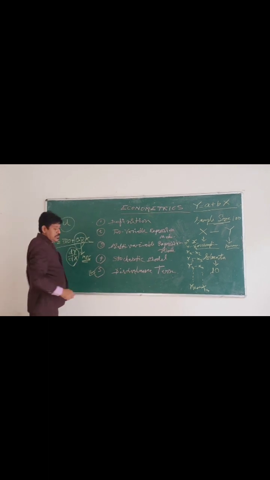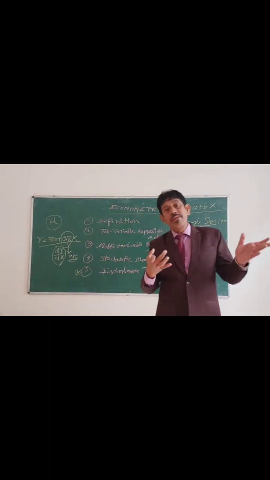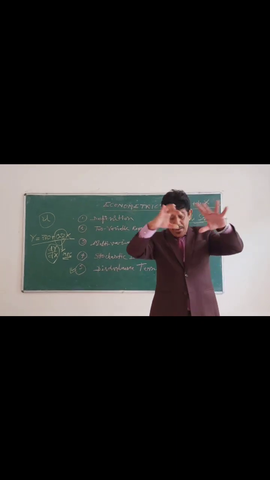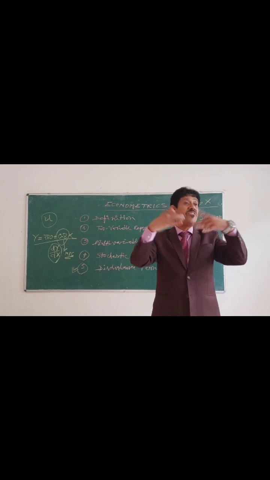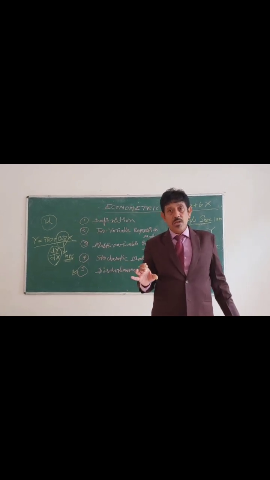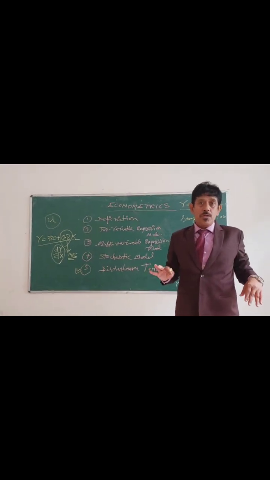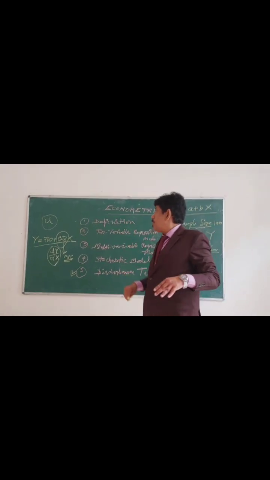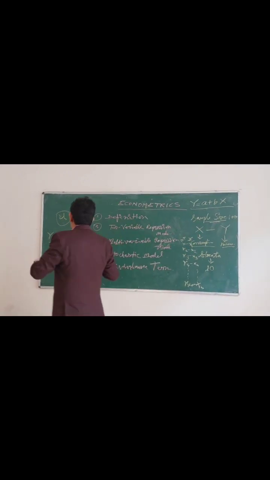We are now slowly entering the actual periphery of econometrics. Once we introduce the disturbance term U, then the two variable regression model will be like this.